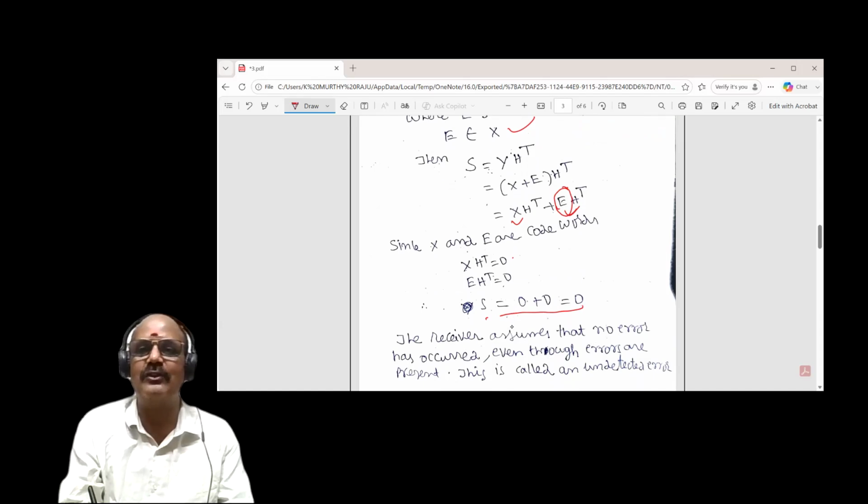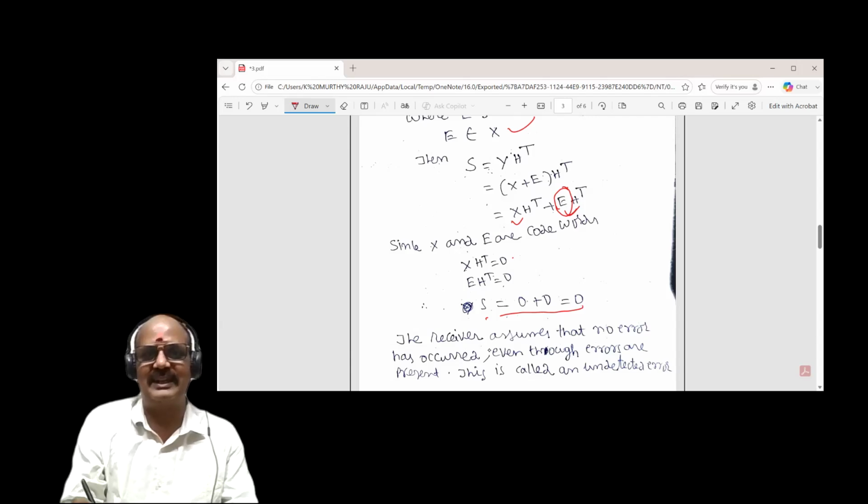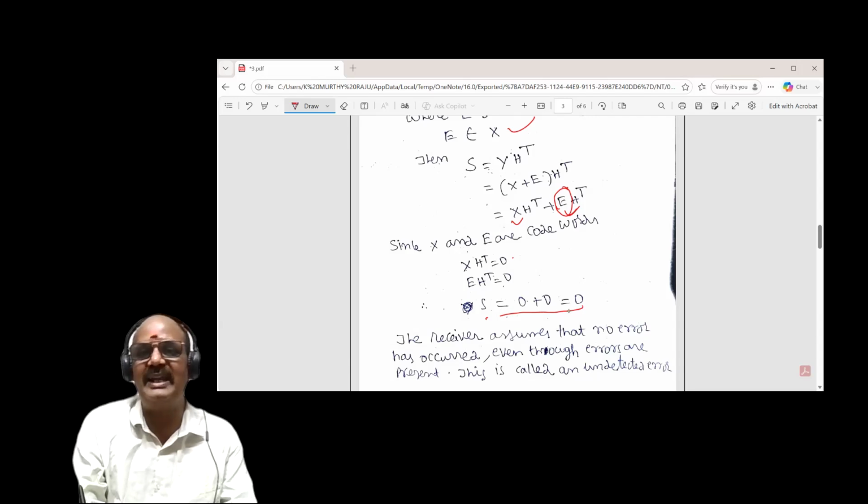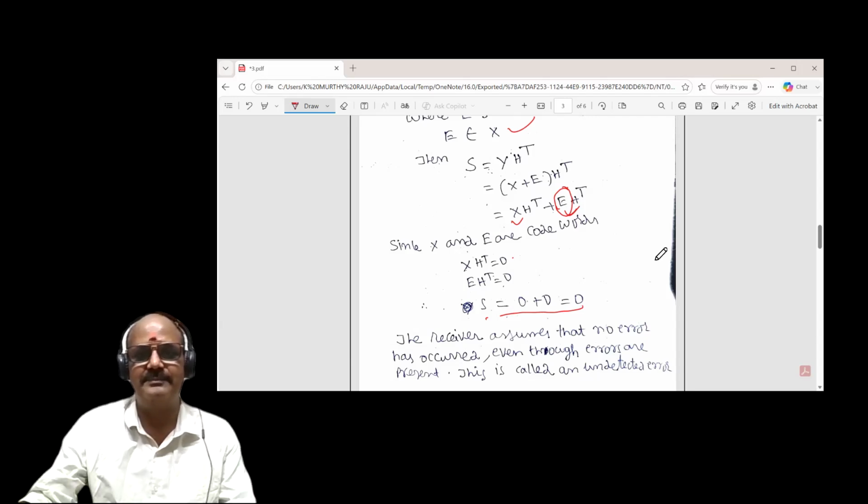Therefore, the error vector is also received along with the valid code word X. This is called an undetected error. Even though S is equal to 0, an undetected error is there because the error vector is the same as a valid code word vector.